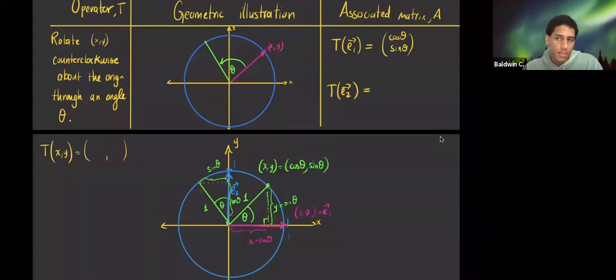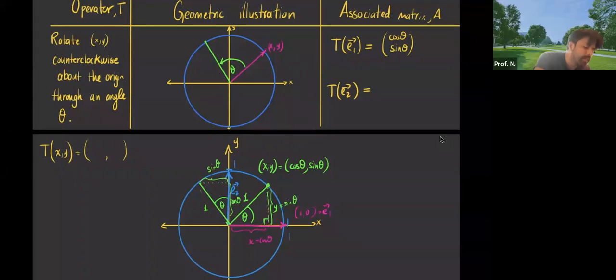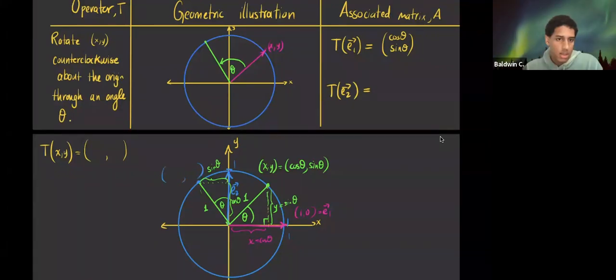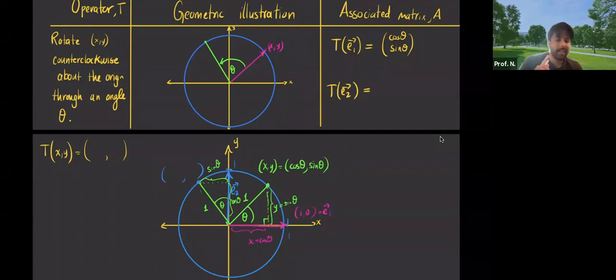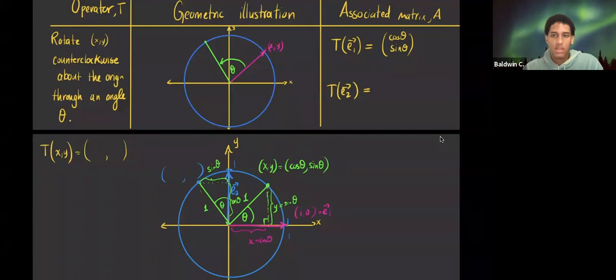Yeah. But what are the coordinates of this new E2 after I've applied it? What's this new coordinate here? Would it be sine, cosine? Not sine. I'm in the second quadrant. So the x coordinate has to be negative. Oh, so negative cosine, sine?